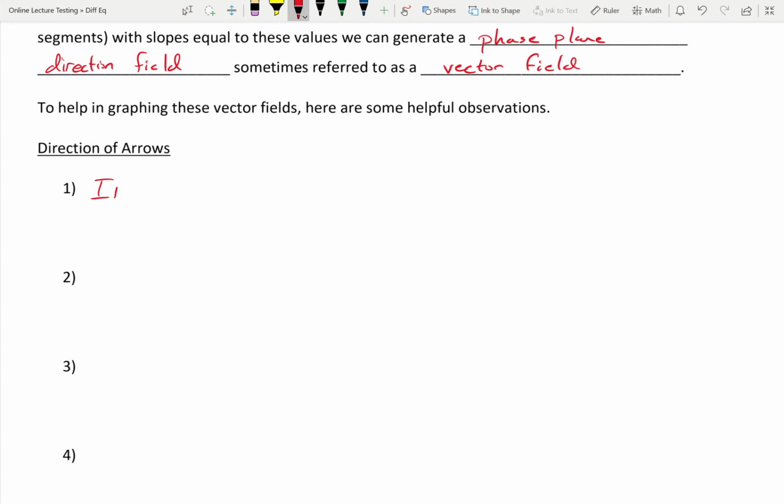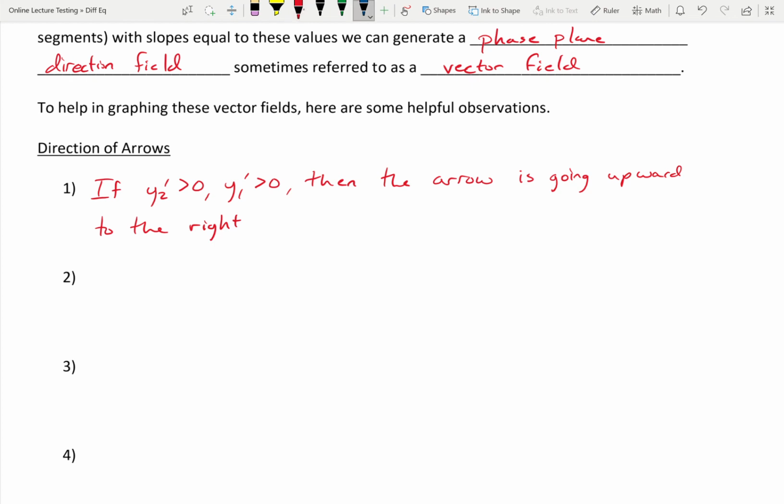So first of all, if y2 prime is greater than 0 and y1 prime is greater than 0, so the numerator is positive and the denominator is positive, then the arrow is going upward to the right, meaning our filaments, and I'm going to do these in blue, are going to look like that.